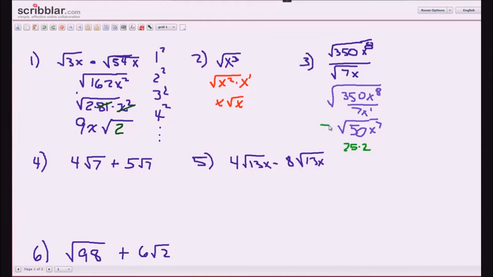So this can actually be rewritten as 50 x to the 7th, with parentheses around that whole thing, to the 1/2 power. I know it seems kind of weird, but square roots are the same thing as 1/2 power.